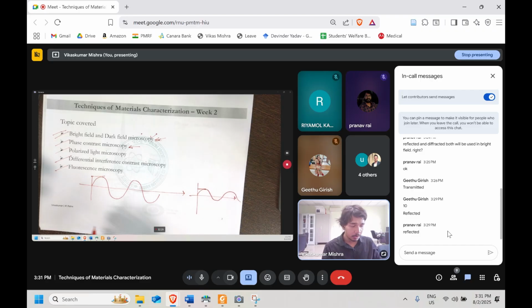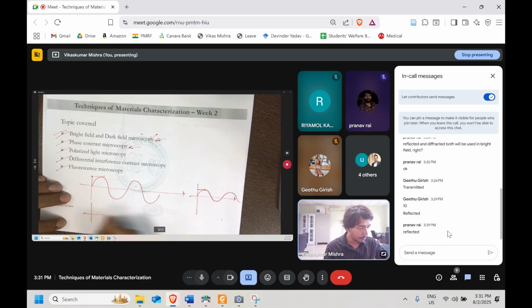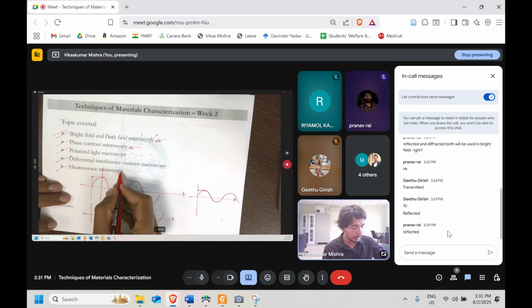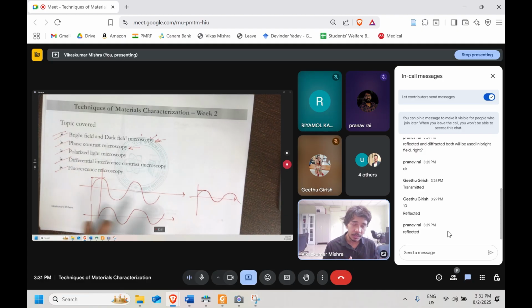Now, in the phase contrast, this is my initial wave. Now there will be some shift. So let's say the phase has been shifted. Whenever there is a shift in the phase, it will lead either to constructive interference or to destructive interference, based upon the path difference between them.